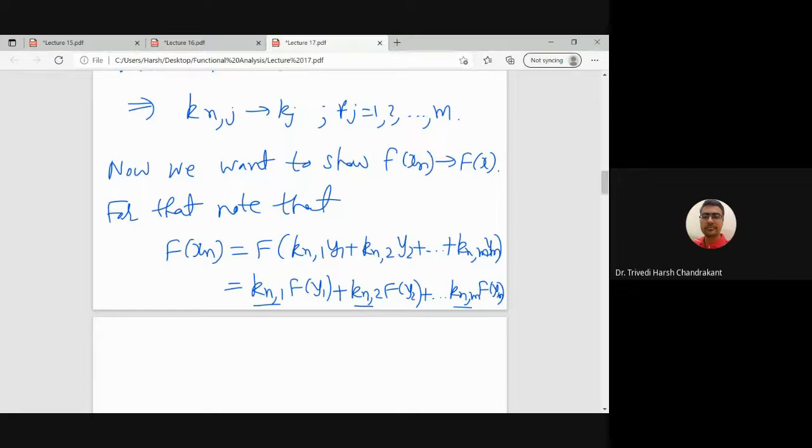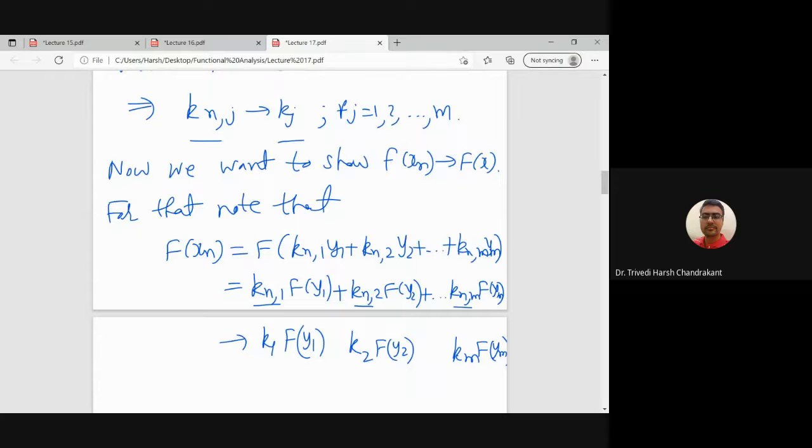We know that kn1 converges to k1, so this converges to k1 times f(y1). Similarly, kn2 converges to k2, so the second element converges to k2 times the vector f(y2), and similarly the last element converges to km times f(ym).